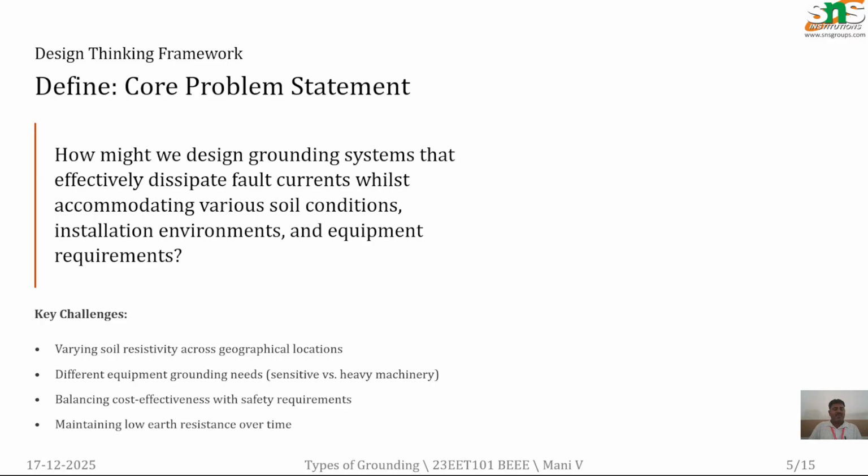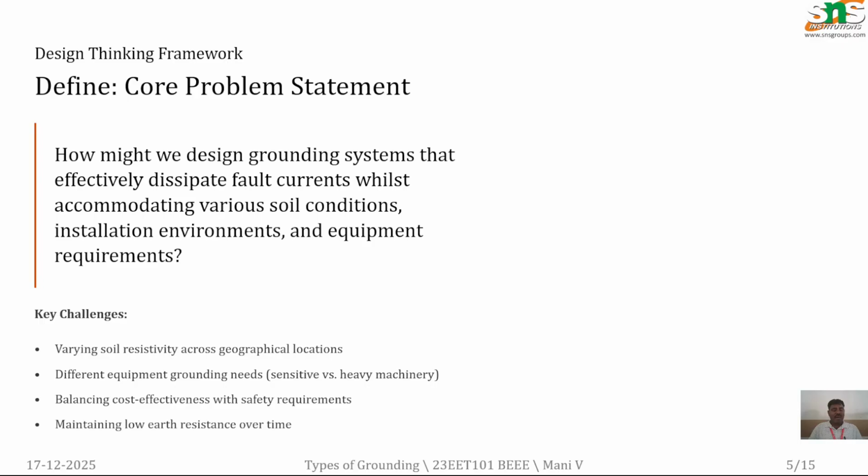Here the soil properties may vary. If soil properties change, the resistance of the soil also changes. It varies globally according to geographical locations and the different equipment grounding, which may be sensitive or heavy, etc.